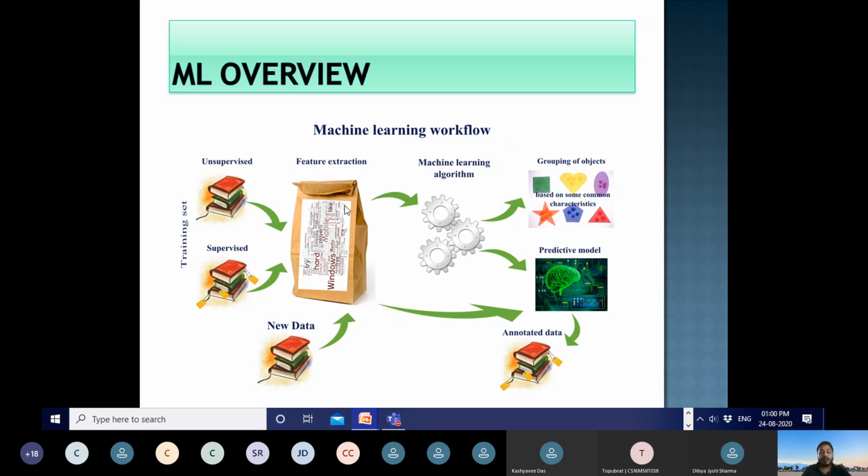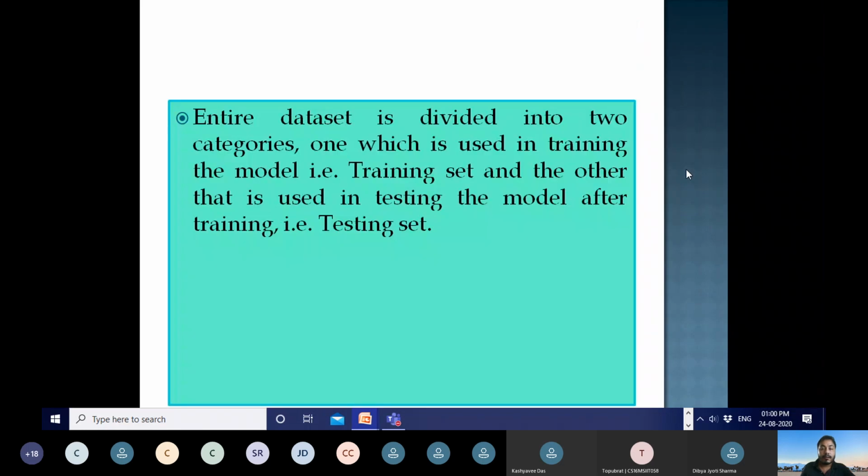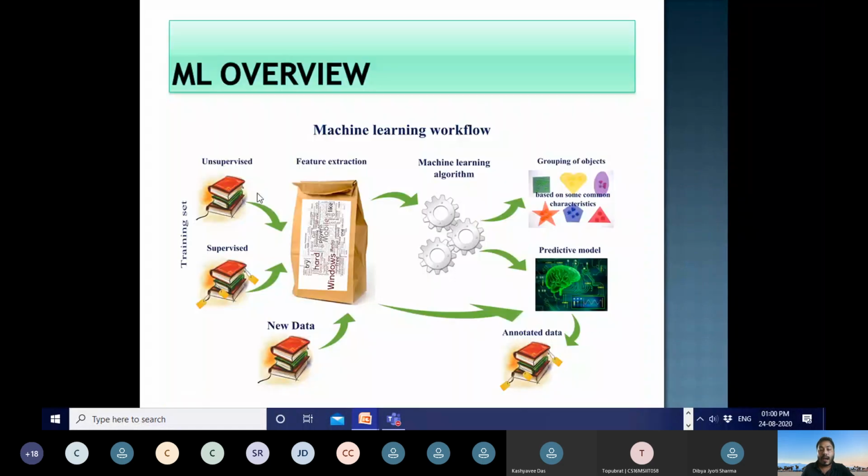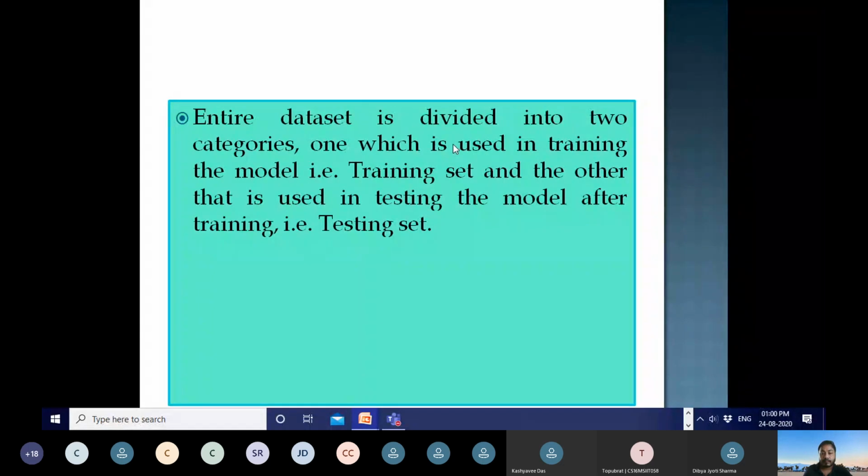Okay. So you have seen that here I have mentioned the term training, right? So the data set is divided into two categories. One is for training the model, and that is known as the training set, and the other is for testing the model, that is known as the testing set, right?